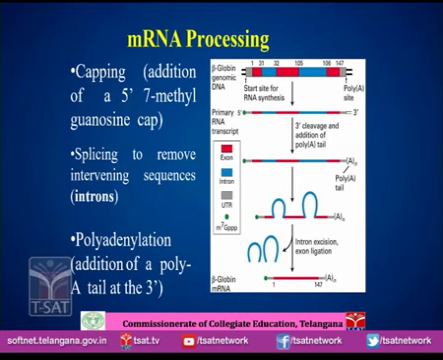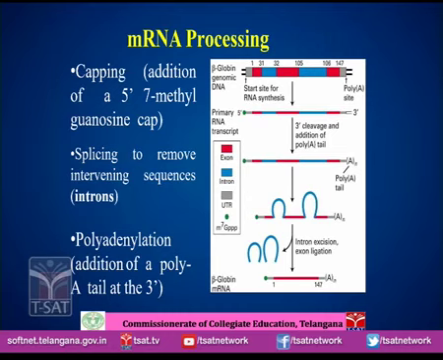One is capping, which is the addition of a 7-methyl guanosine cap at the 5 prime end of the mRNA. This cap addition at the 5 prime side is the first kind of modification to the mRNA.